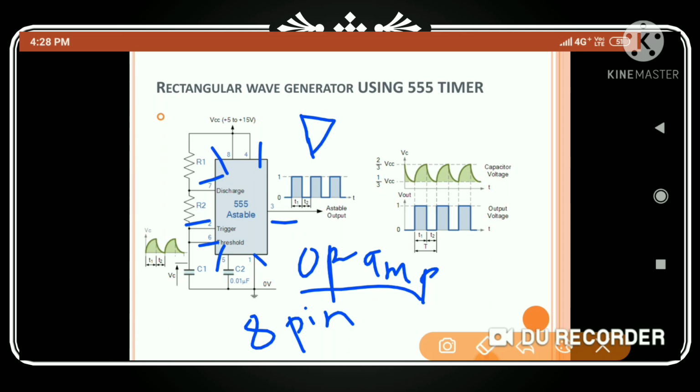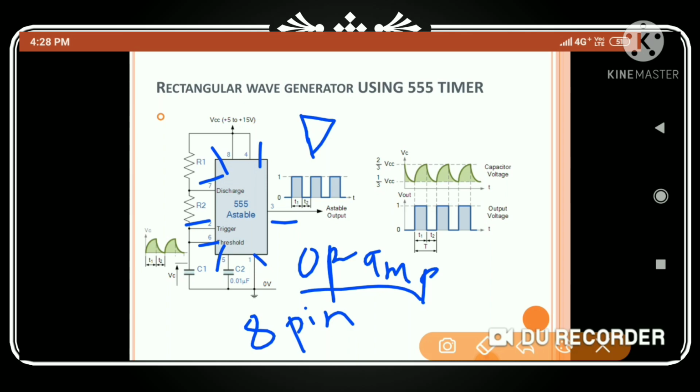Okay, flip-flop means what? A flip-flop is a circuit which has two stable states. Two stable states means it is bistable. It can be used to store information. That circuit is made to change state by a signal applied to one or more control inputs, and it gives the output. So like that the flip-flop is working. Okay, and here the comparators are op-amps.